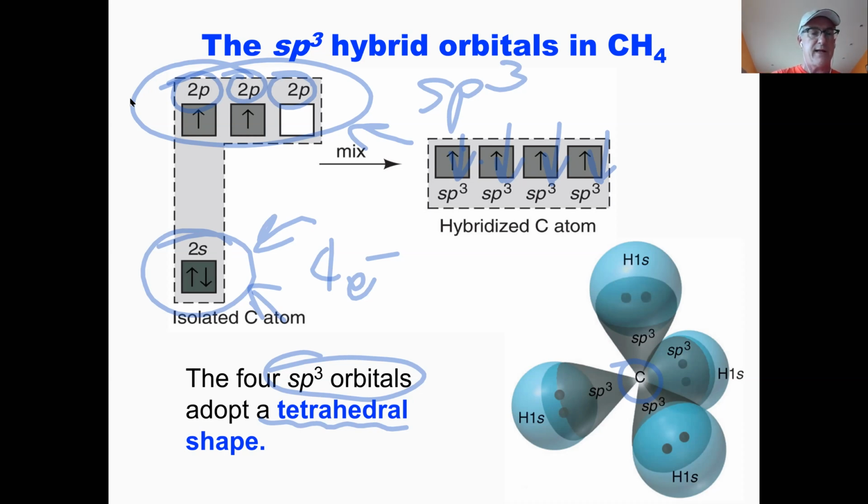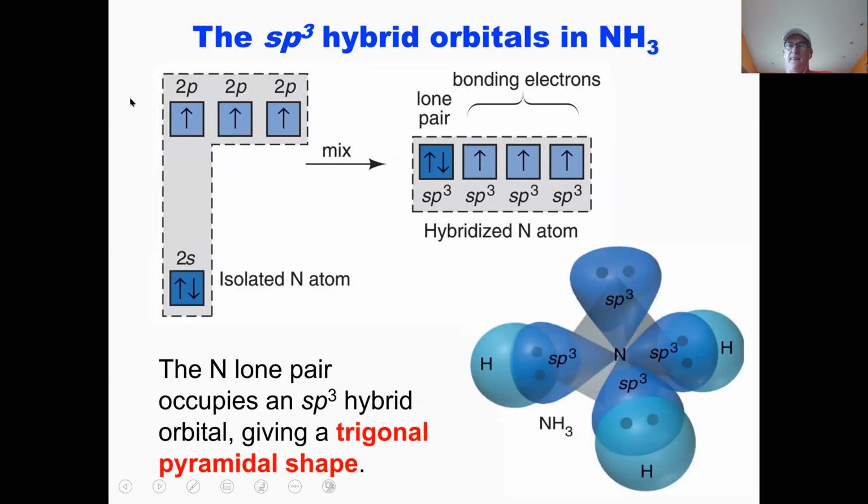Let's see what happens when we have ammonia. Now, nitrogen has one more electron than carbon. So notice here we have 1, 2, 3, 4, 5 valence electrons.